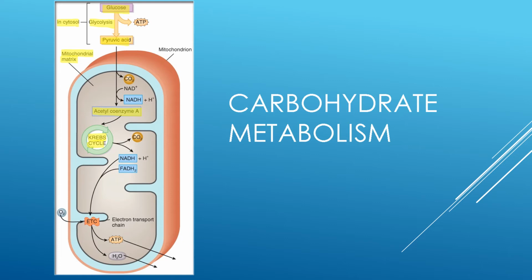Then the coenzymes that are produced during the Krebs cycle, NADH and FADH2, are sent to the electron transport chain down here, where most of the ATP is going to be produced.